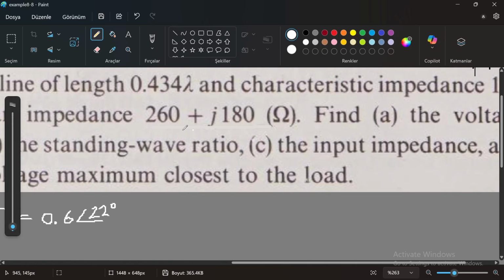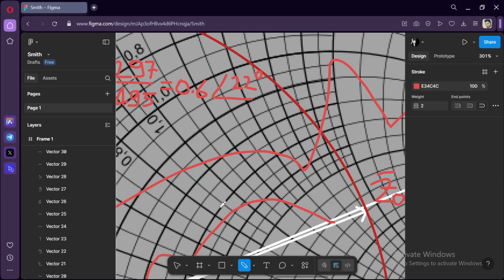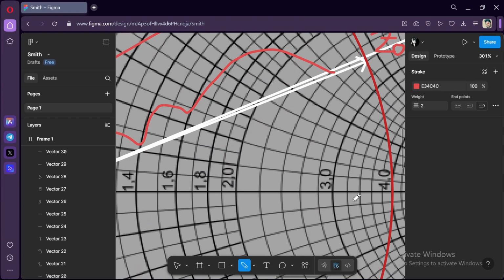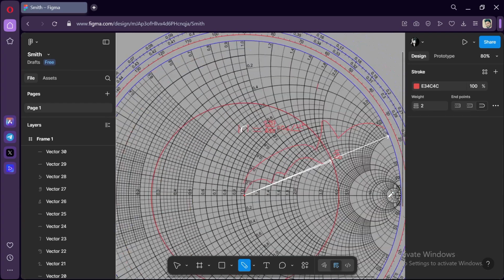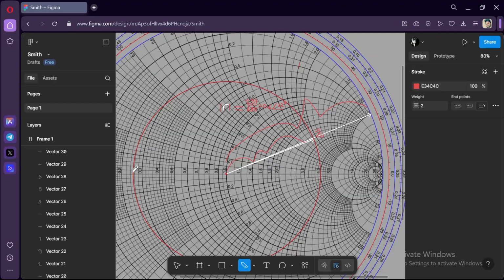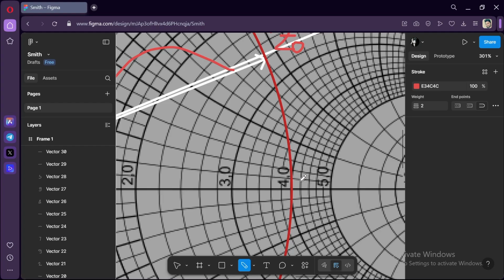So B, where is B? The standing wave ratio. Okay, voltage standing wave ratio. This is quite simple and we have found it already. To find the voltage standing wave ratio, we are drawing the circle, and the values on the right side, which is 4, directly give the voltage standing wave ratio.